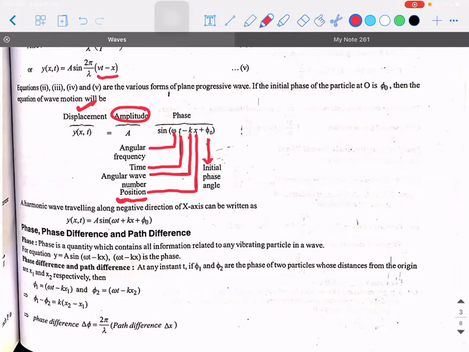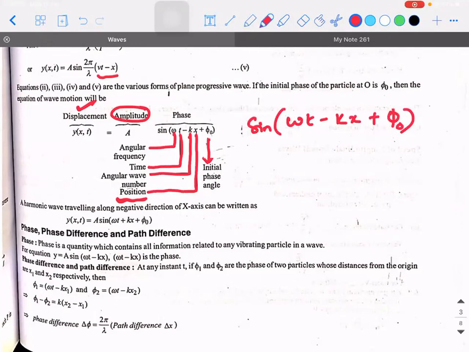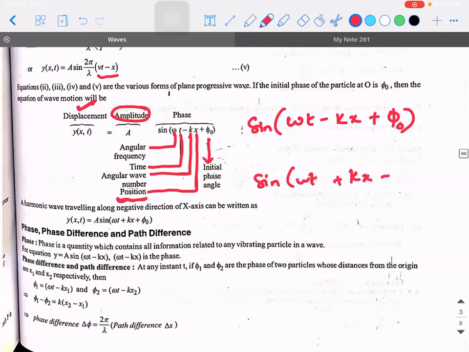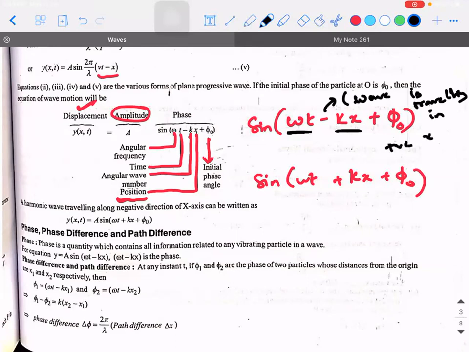Here, a very important point to be noted is you will see these kind of equations: sine of omega t minus kx plus phi naught and sine of omega t plus kx plus phi naught. Listen to this carefully.